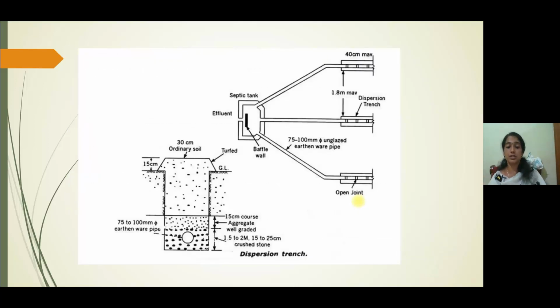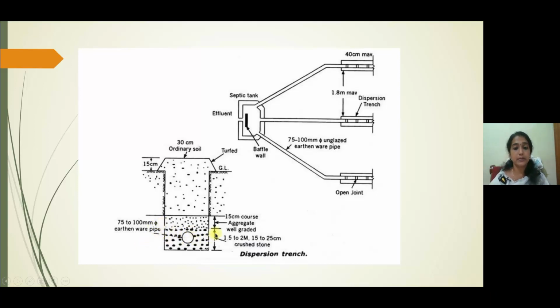This is the cross section of a dispersion system. Here you can see the cross section in the first figure. Below the ground level, you can see the earthenware pipes of 70 to 100 mm diameter.